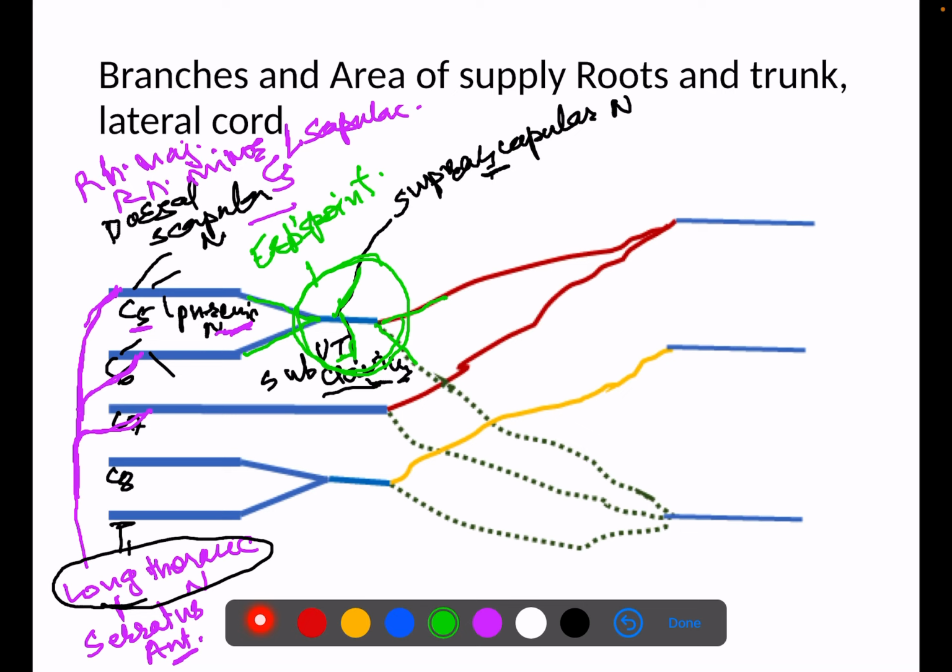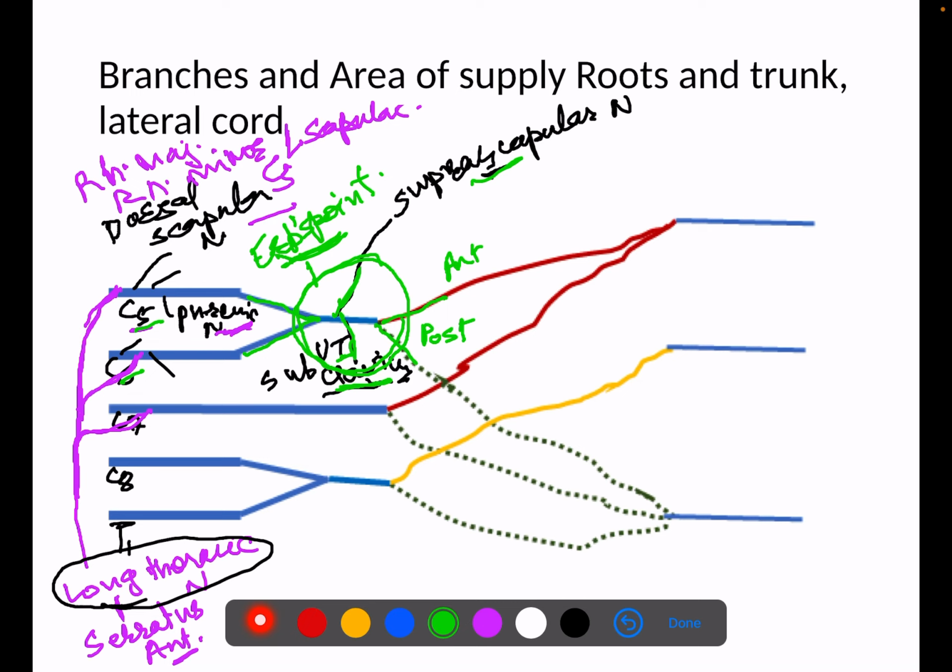What is Erb's point? Erb's point is the point where the 6 nerves are meeting. These nerves are C5, C6, then anterior division of upper trunk, posterior division of upper trunk, then suprascapular nerve and nerve to subclavius. This point is clinically very important.